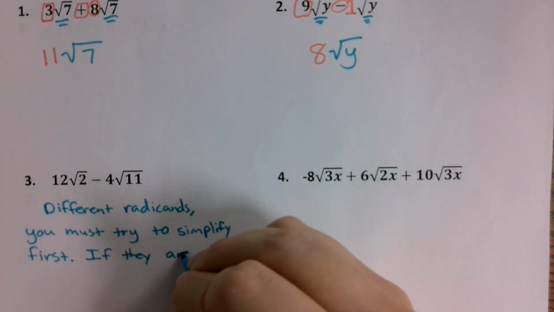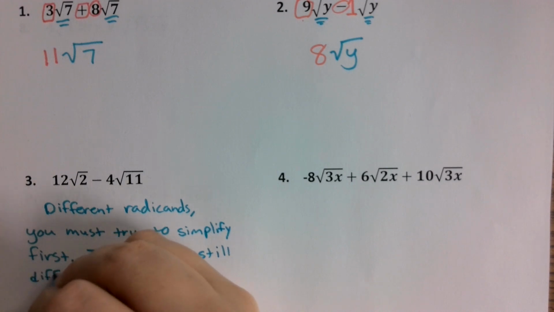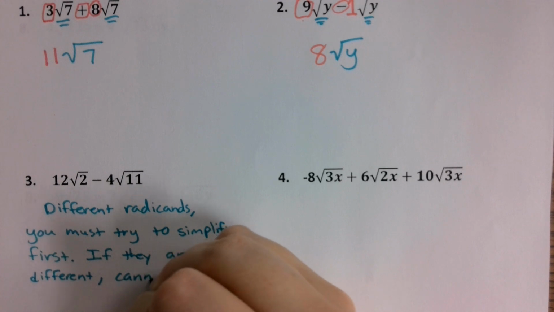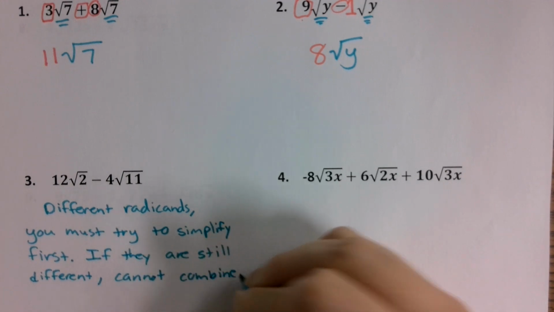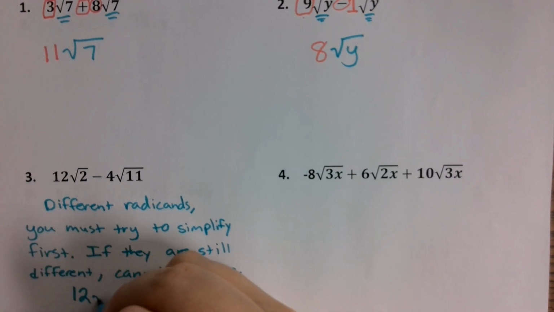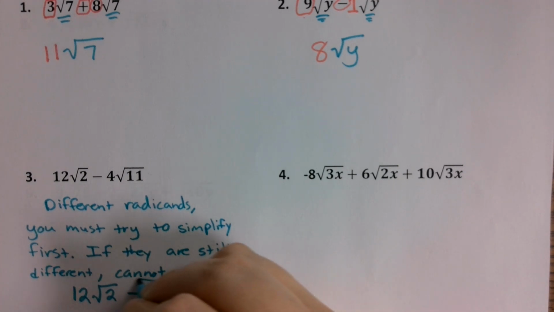If they are still different, then you cannot combine. So your final answer is just going to be 12 square root of 2 minus 4 square root of 11. That's as simplified as it can get.